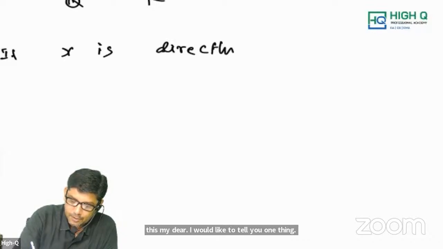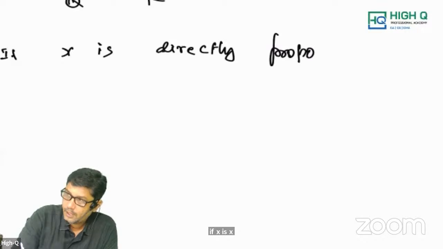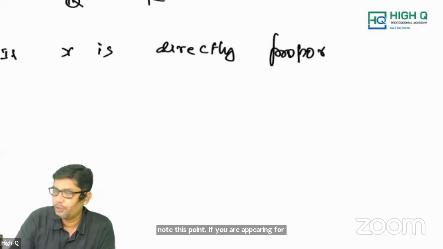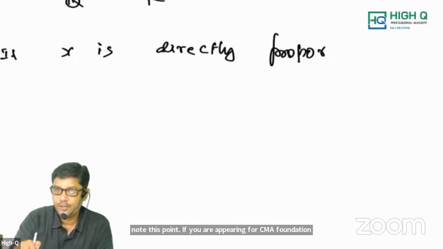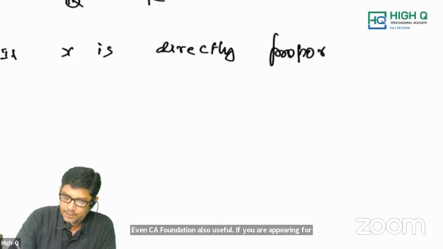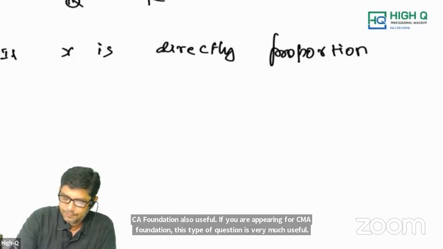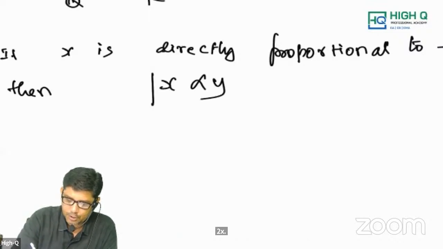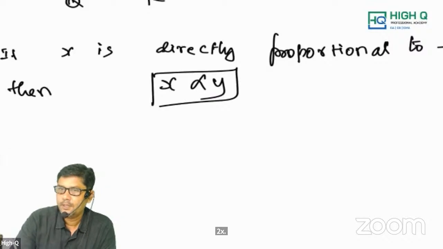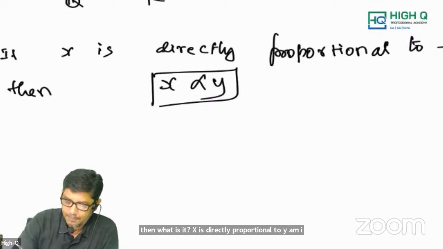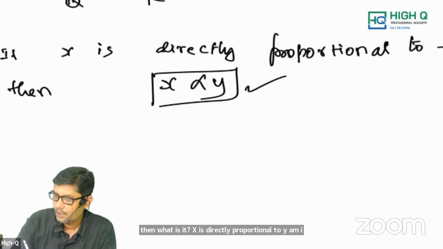Note this point, if you are appearing for CMA foundation, this type of question is very much useful. Even CA foundation also. If x is directly proportional to y, then x is directly proportional to y. Is that clear, all of you? Okay. Next one.